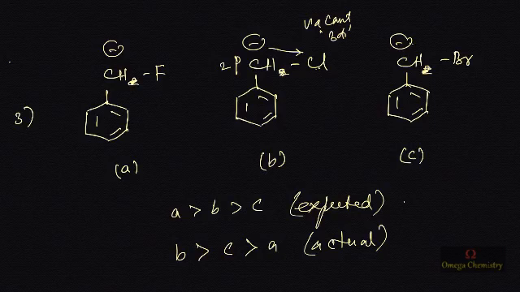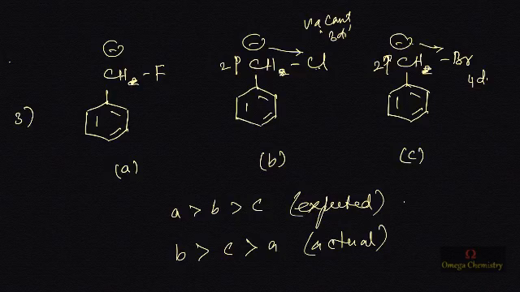Of course, there will be back bonding in compound C also. The negative charge can also be donated into the vacant orbitals of bromine, but it is going to be donated into the vacant 4d orbitals. Because of the bigger size of bromine, the 4d orbitals will be larger, and the electrons from the 2p orbital cannot be effectively donated into the vacant 4d orbitals.